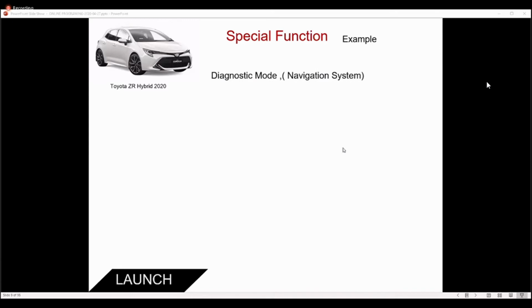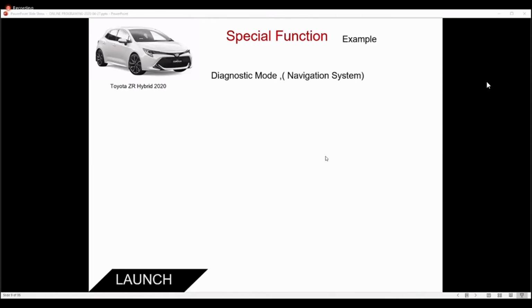Now, the next example is a diagnostic mode, but it's actually in the navigational system of this Corolla. So again, this is where the special functions are changing, and it's not to do with just the scan tool.